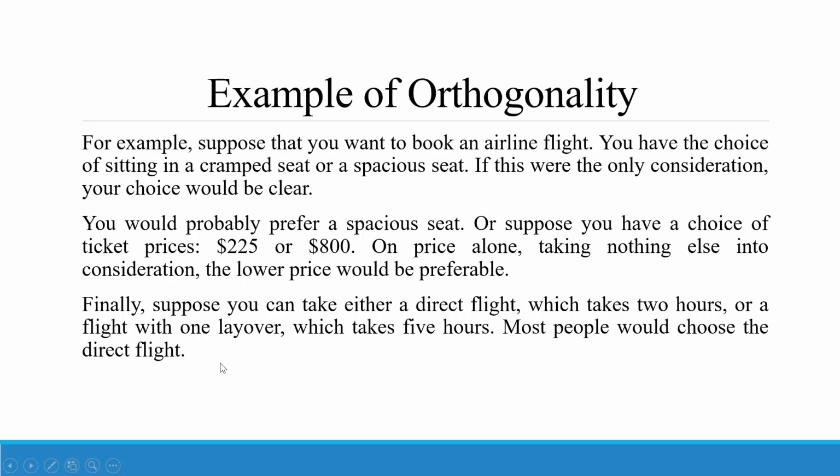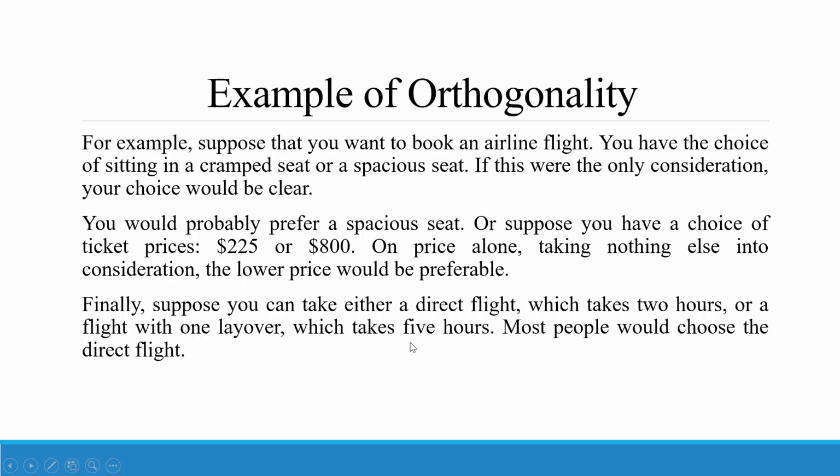Now there can be combinations such as cramped seat, spacious seat, $225, $800, a 2 hours journey or a 5 hours journey. So considering this, how many profiles can come into existence? Let's understand. Labels are two: cramped seat or spacious seat, $225 or $800, and 2 hours, 5 hours.